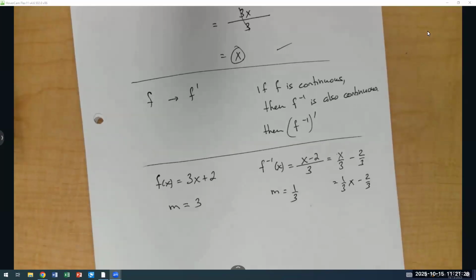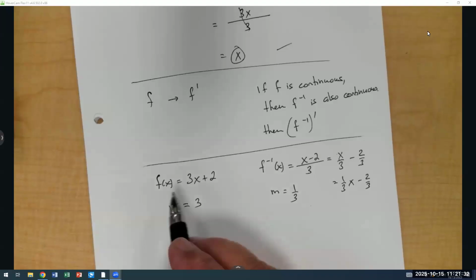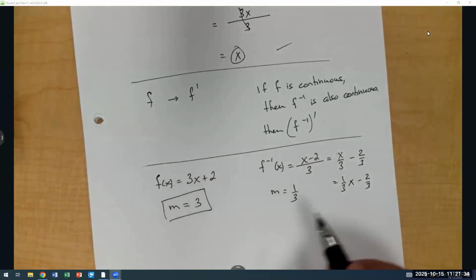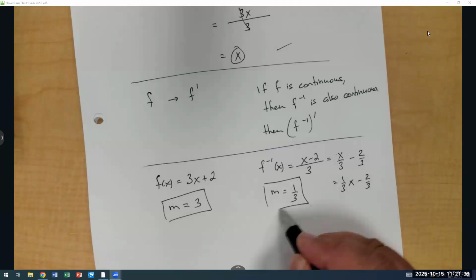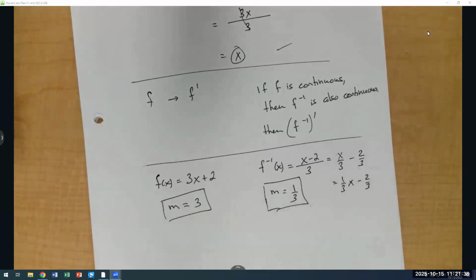And this is not a unique case. The slope of any function and the slope of its inverse is always symmetric about the line y equals x. They're always reciprocal of each other. That's important because that's going to help us when we do the derivative of it.